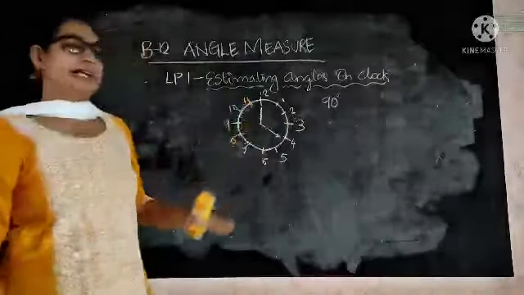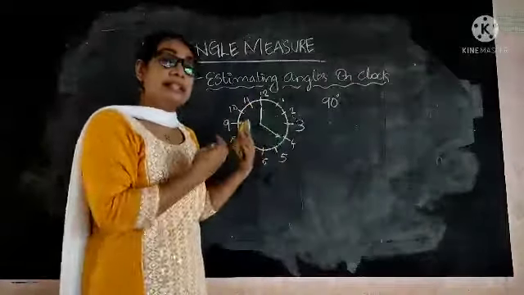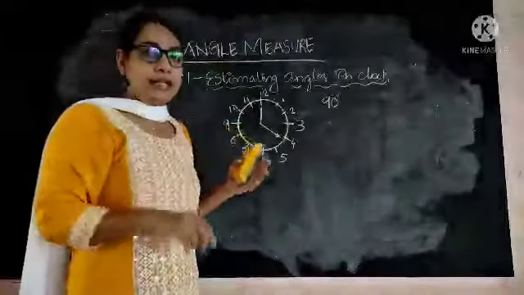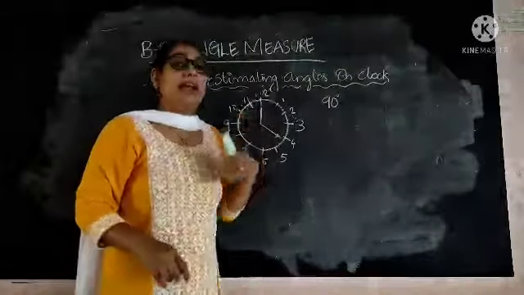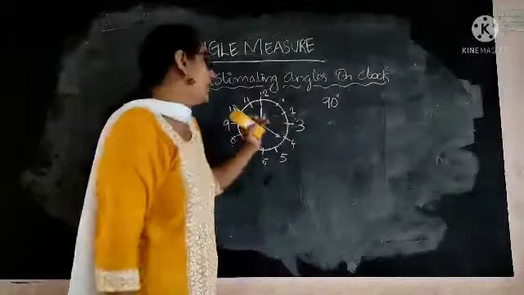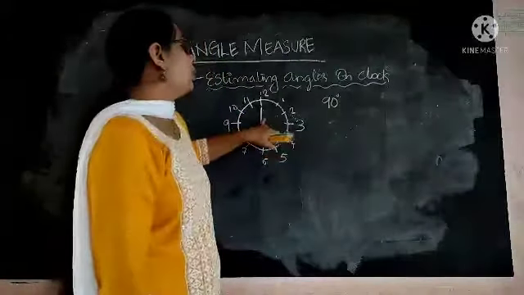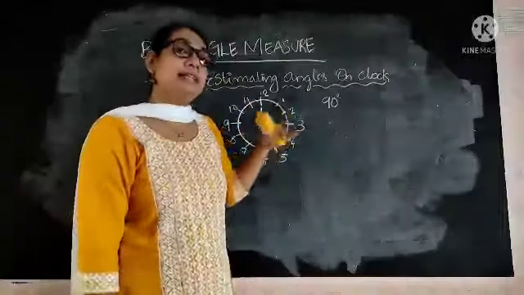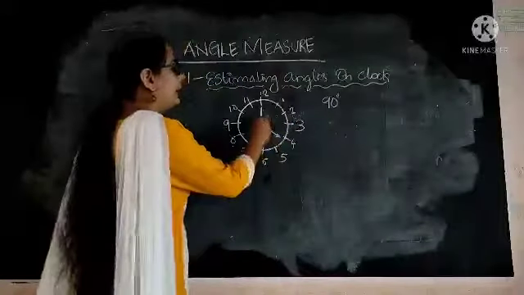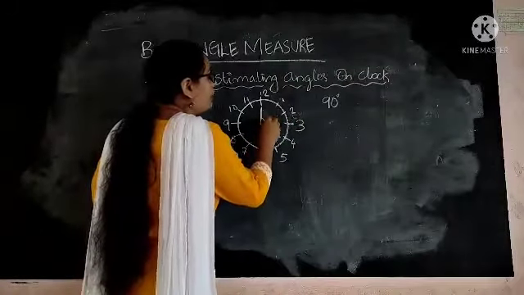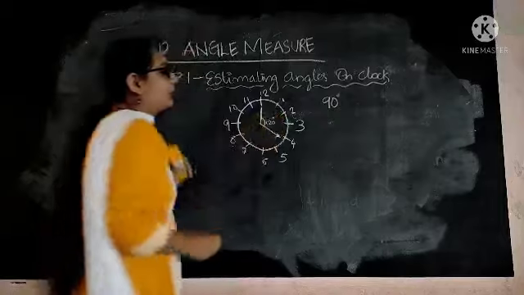What about this angle? As we saw, this is an obtuse angle, right? An angle greater than 90 degrees is called an obtuse angle. So the angle formed here is an obtuse angle, no doubt. What is the measurement of the angle created here? That is 120 degrees.